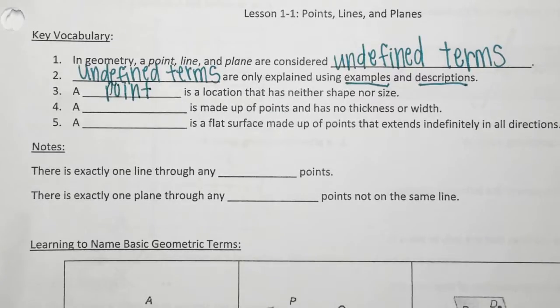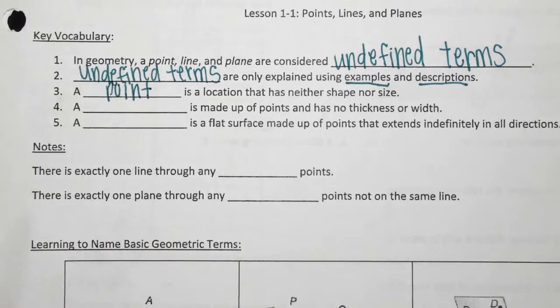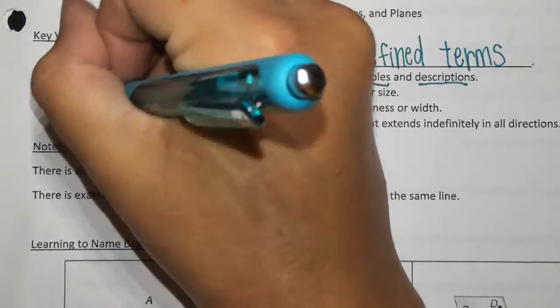Christian E., read number 4 for me, please. Louder. Made up of points, no thickness or width. Point, line, or plane? Line.